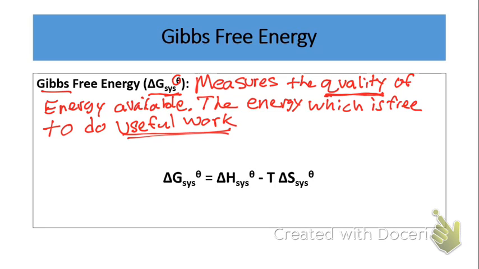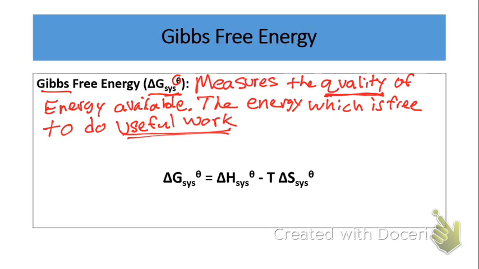And so what we begin to understand is that chemical processes are spontaneous and they increase the entropy of the universe for the purpose of creating quality energy that we can use to do work, to drive reactions that need work or to drive processes that require work to be done. All right?